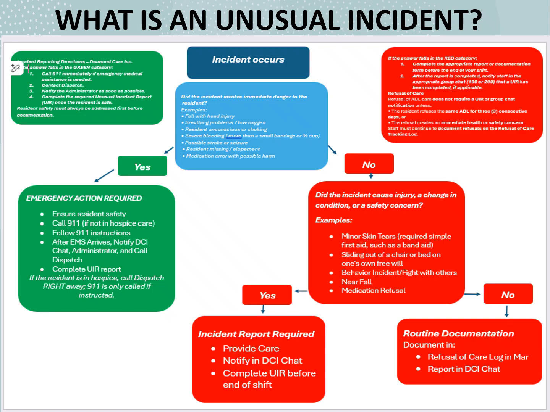Behavioral incidences, maybe they're yelling, they're screaming, they're cursing, right? Maybe they're fighting with other residents, or they're trying to pick a fight with you, okay? Near fall and medication refusal. So if you answered yes to those questions, then we are still going to do the unusual incident report form, okay? And you're going to make sure that you do this form before the end of your shift, and we'll go over the form here shortly.